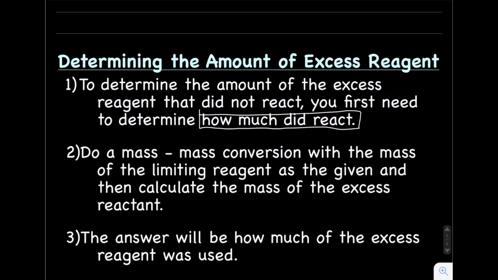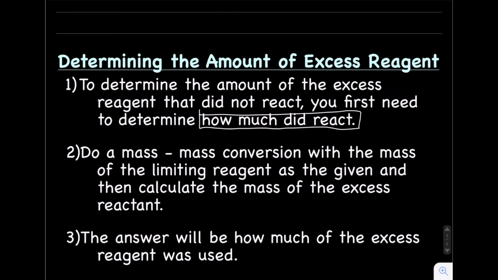So if you think about it, it's like saying, if I used 3 pieces of bread, right, because that was our limiting, how much peanut butter and jelly? No, I didn't end up using 3 pieces of bread, did I? I used only 2. If I used 2 pieces of bread, how much peanut butter and jelly did I actually use? Okay, so our bread was our known, and the peanut butter and jelly is going to be my unknown.